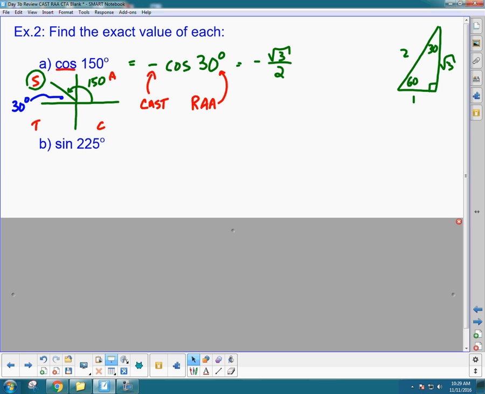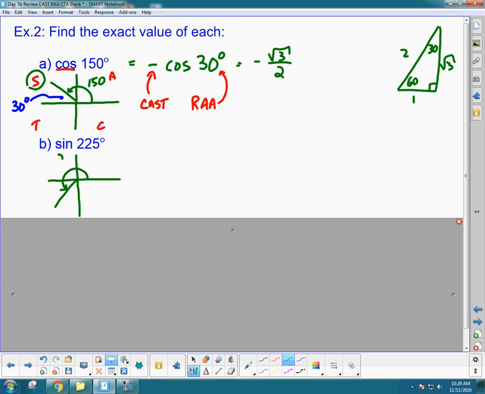So let's try with sine 225. Well, 225 is more than 180 degrees, so I'm going to rotate all the way around and end up over here.